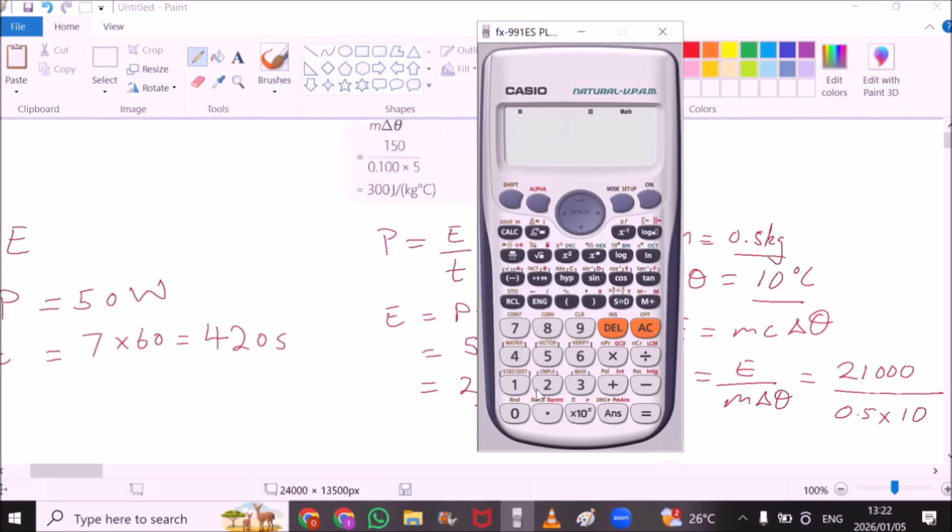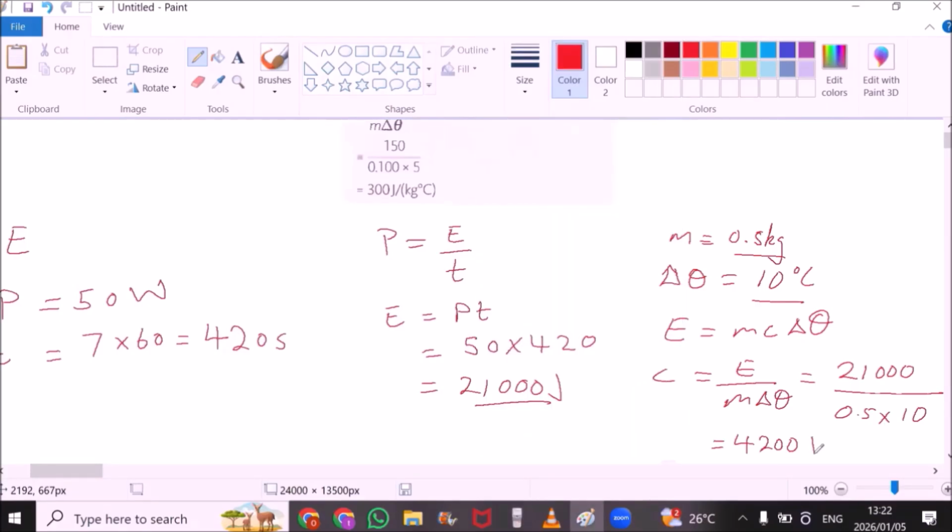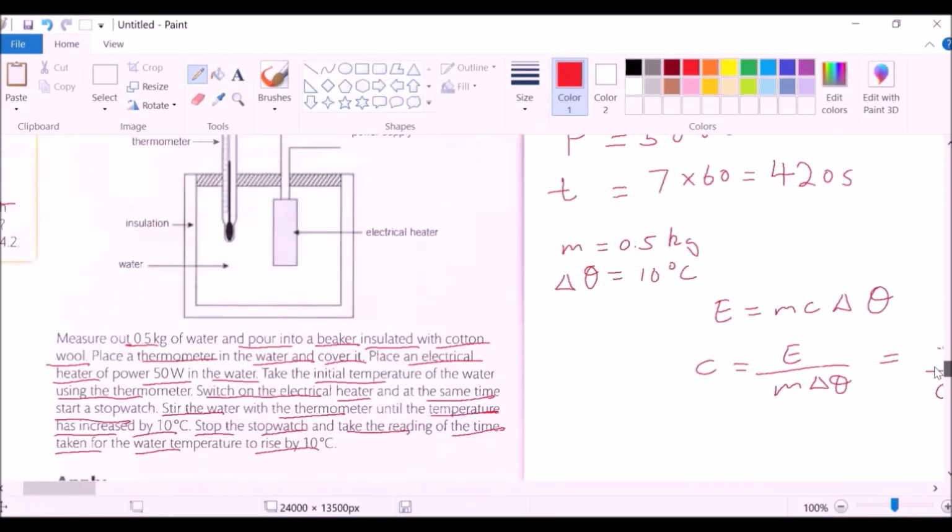So from our calculator, 21,000 over 0.5 times 10 will give us 4,200 joules per kg degrees Celsius, which is the specific heat capacity of water. So that is how we carry out the experiment.